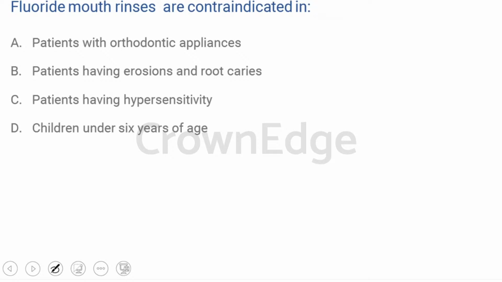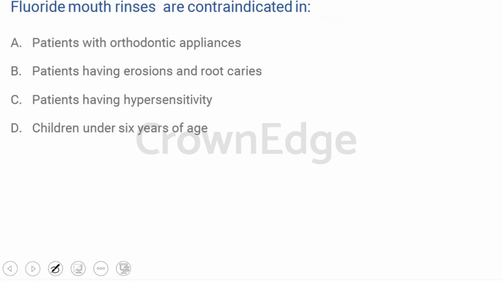So one of the other methods of topical fluoride application is your use of fluoride mouth rinses. Okay. Now again, this is a variety which is done at home. So this is a self-applied version of your topical fluoride application. It is contraindicated in a child under 6 years of age. Now, why is that? Basically because in children under 6 years of age, the spitting is not very well developed.